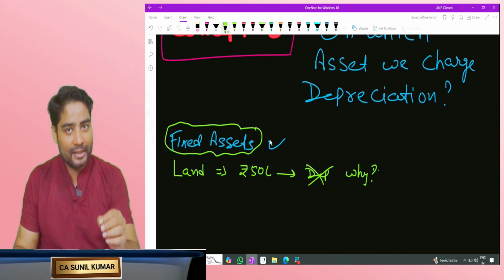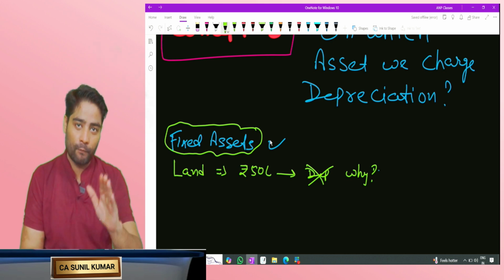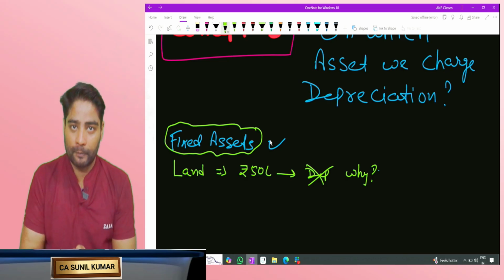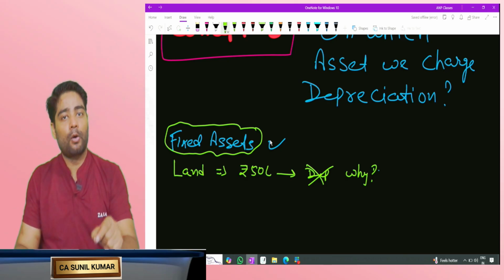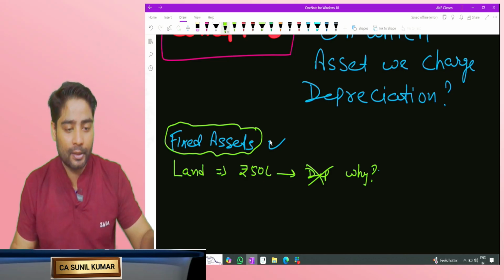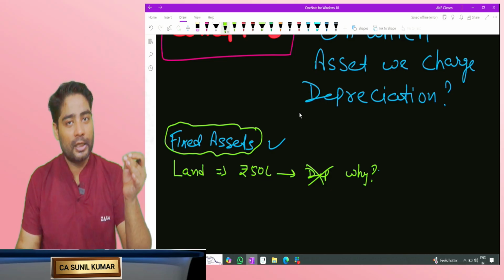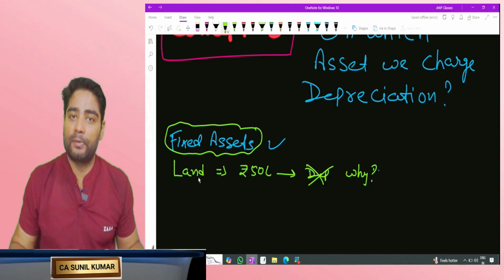So I have to categorize the fixed assets in two terms: one non-depreciable and the other depreciable. I will charge depreciation on those fixed assets on which I can, like building, furniture, machinery, equipment. But on land we cannot charge depreciation.